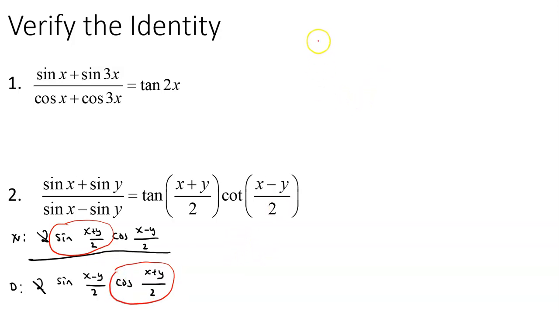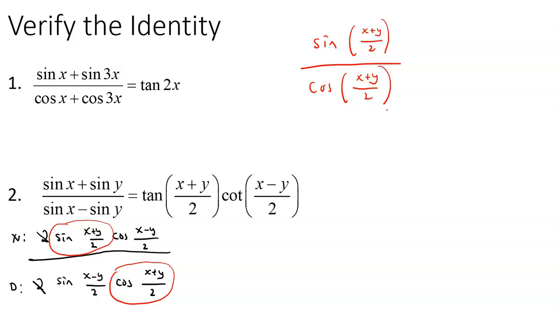So let's make it the sine of x plus y over 2 and the cosine of x plus y over 2. Because remember, all this is being multiplied, right? On the top, sine cosine, on the bottom, sine cosine. So I can move things around if I want without penalty. What am I left with?